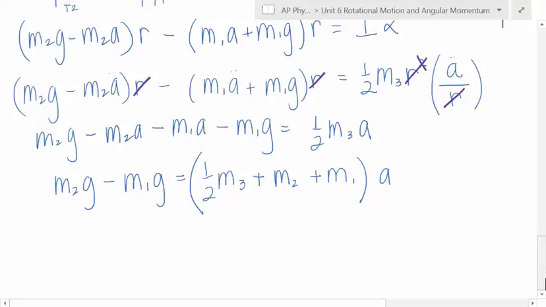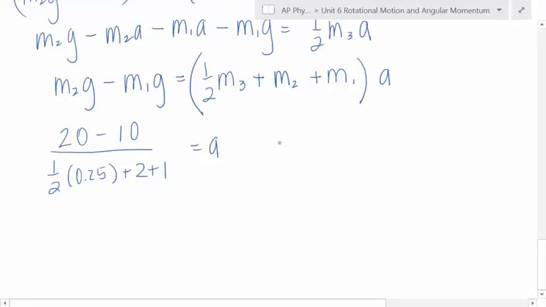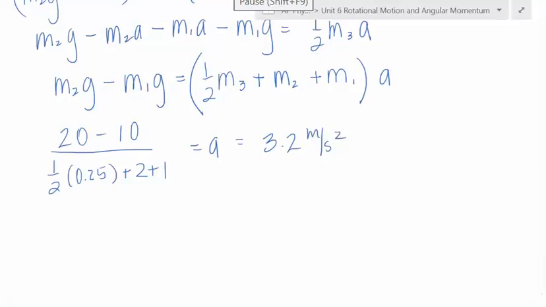Oh my goodness. Yay, science. All right, so 20 minus 10 divided by 1/2 of 0.25 plus 2 plus 1 is equal to A. And when I did this, I got an acceleration of 3.2 meters per second squared.